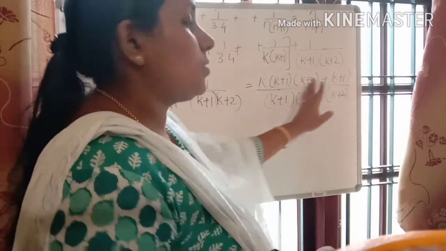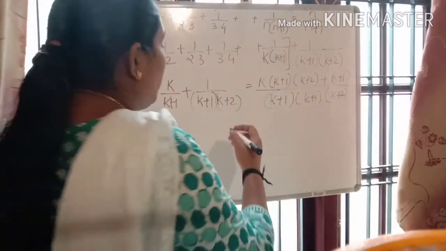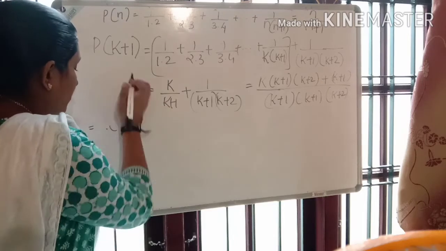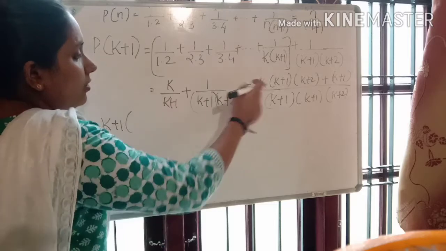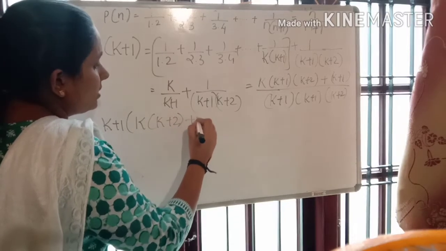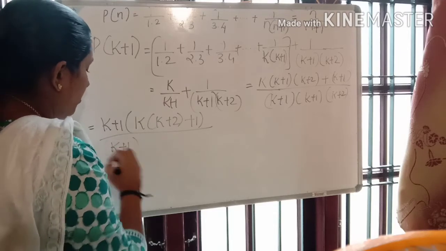Here k plus 1 is common in both the terms, so take k plus 1 outside.